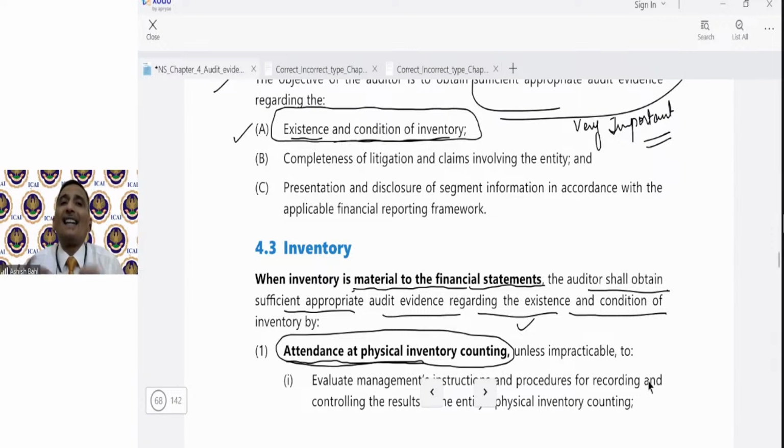So attendance at physical inventory counting is necessary unless impracticable. It is necessary in all circumstances unless it is totally impracticable. For example, some natural disaster has taken place and the auditor cannot go to the plant of the company.